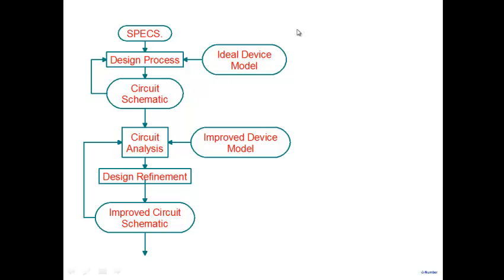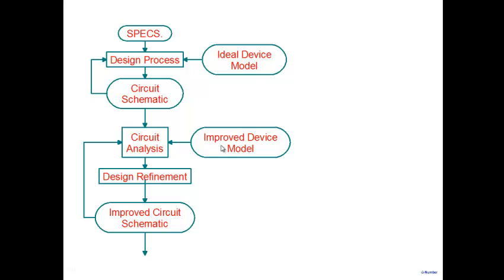In our case, that turns out to be ideal devices, like an ideal diode, ideal op-amp, and similarly ideal elements. You work with those ideal elements and come up with a design, a circuit schematic. Now, obviously, because you work with ideal elements, when you actually implement it with practical ones, it's not going to work. There'll be some problems. So what you do is take the design that you've obtained with ideal elements and do an analysis with slightly more realistic elements.